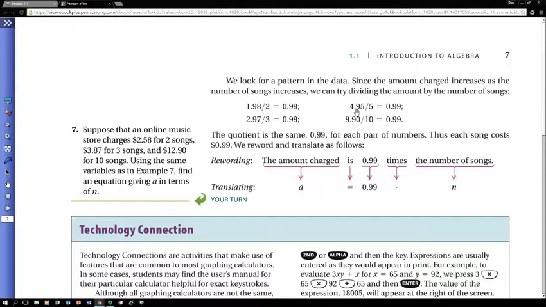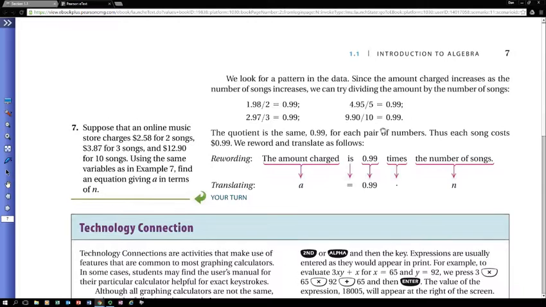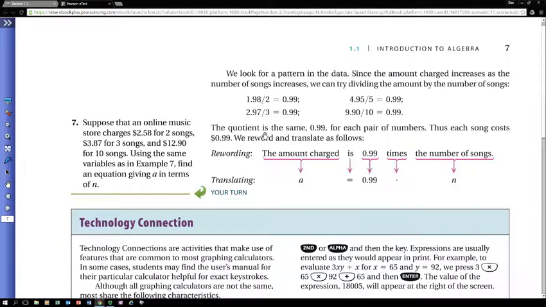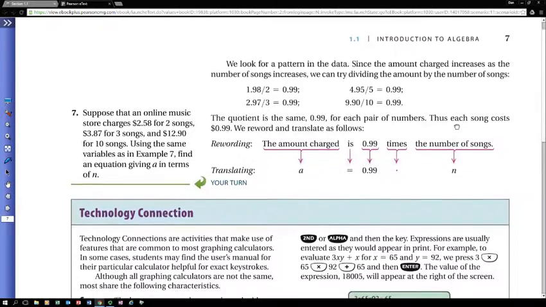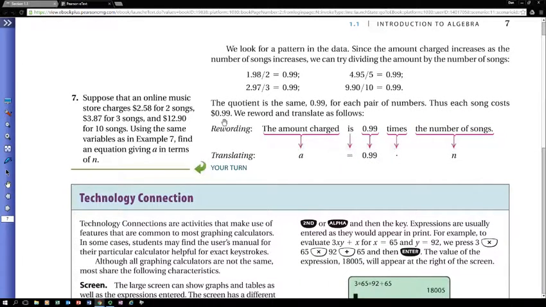When I take the total amount of money divided by the number of songs, I get 99 cents. So the quotient, the answer to these divisions, shown as fractions, which are divisions, always ends up being 0.99 or 99 hundredths. Thus each song costs 99 cents.